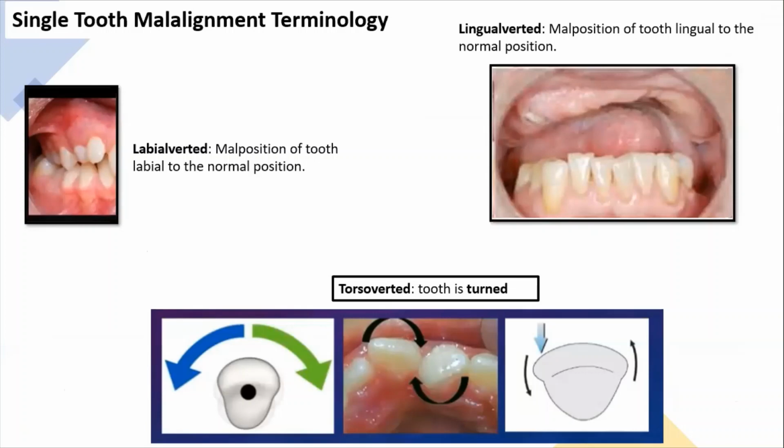And we know that labial means out towards the lip, or in some cases out towards the buccal. When you have a linguoverted tooth, this is a malposition of the tooth that's more lingual to its normal position. And when we say lingual, we mean more towards the tongue. When we have a torsoverted tooth, this is when the tooth is turned. You see a lot of torsoverted teeth in crowding.